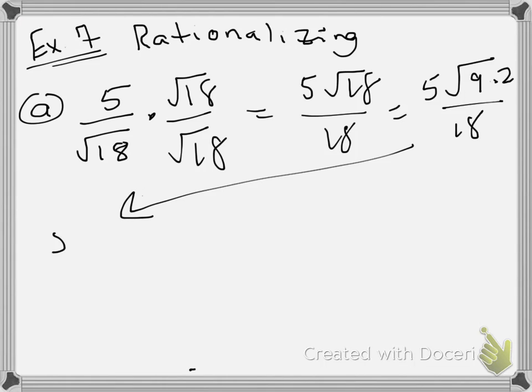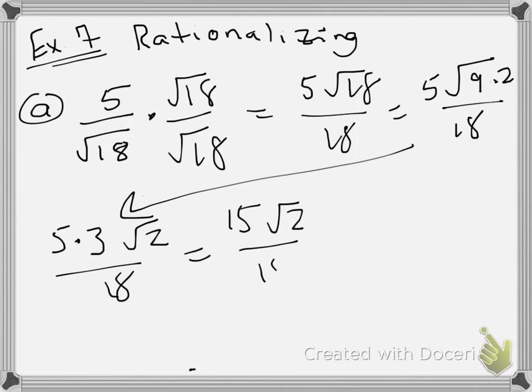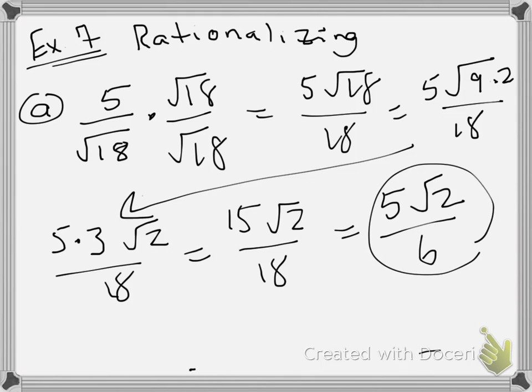So we now have 5 times 3 outside, times the square root of 2 over 18. 5 times 3 is 15. So 15 radical 2 over 18. We want to reduce that 15 and that 18, reduce by 3 to give us 5 square roots of 2 over 6. That would be the final answer.